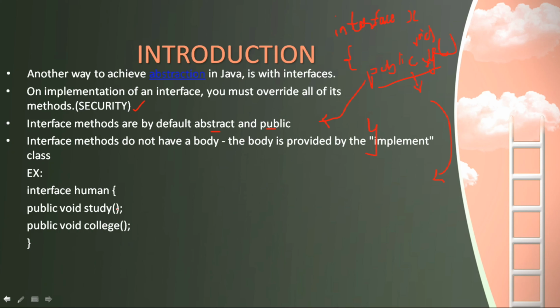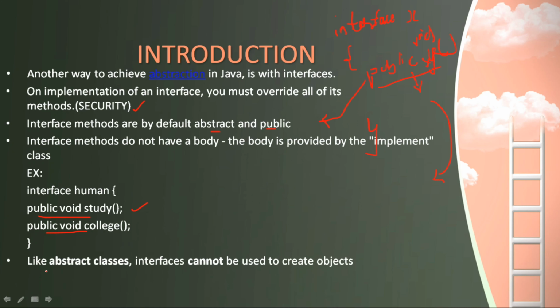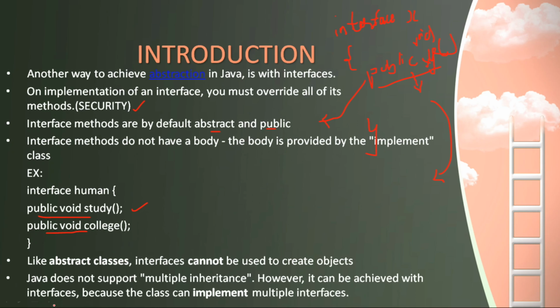This human is to study, I took it as one method and another method as college. Like abstract classes, interfaces cannot be used to create objects. Abstract classes do not create any objects, and in the same way interfaces cannot create objects too.